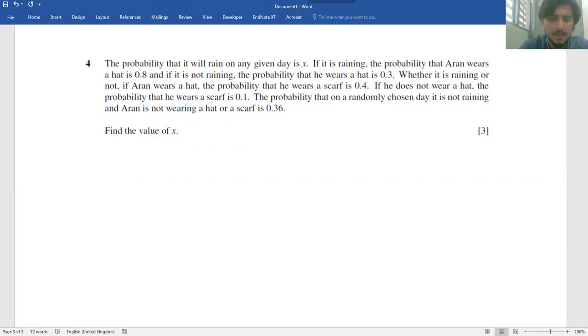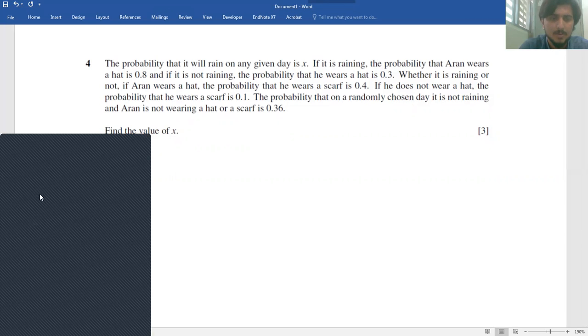Again, if we just make a very small probability distribution, just a tree diagram, we can say that whether it rains or it does not rain, so we are making 2 branches. I'll just draw it and then I'll paste it. It rains or it does not rain.